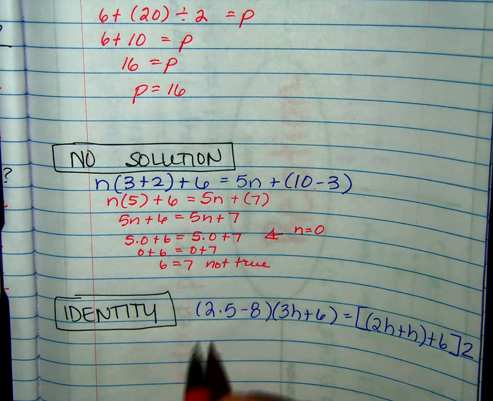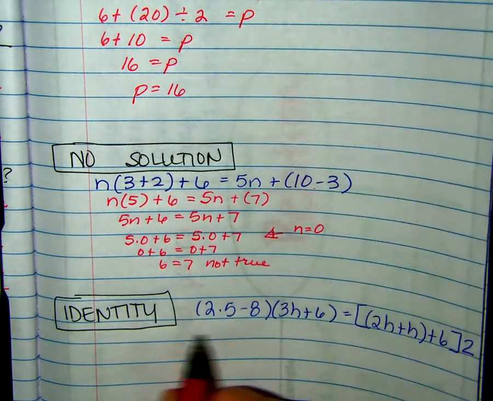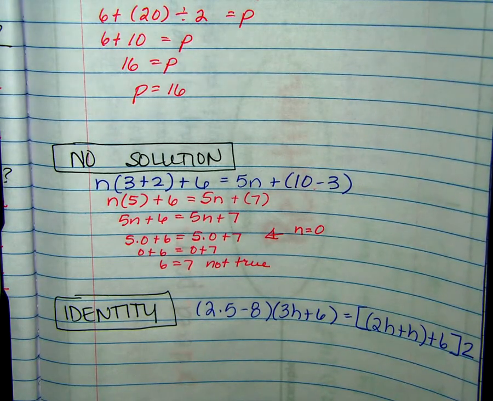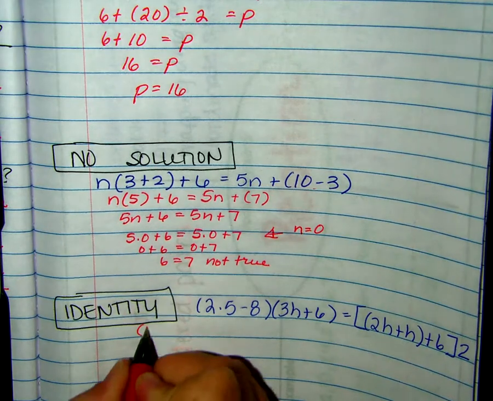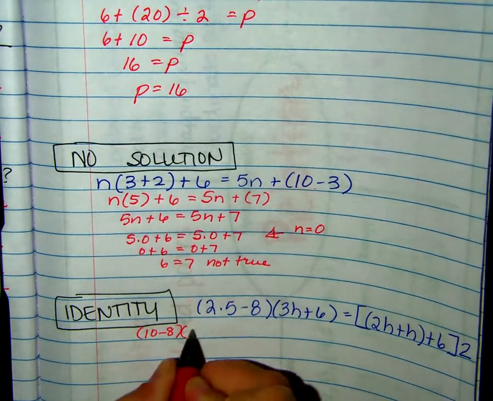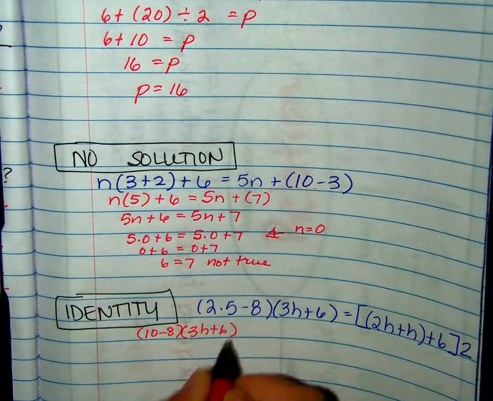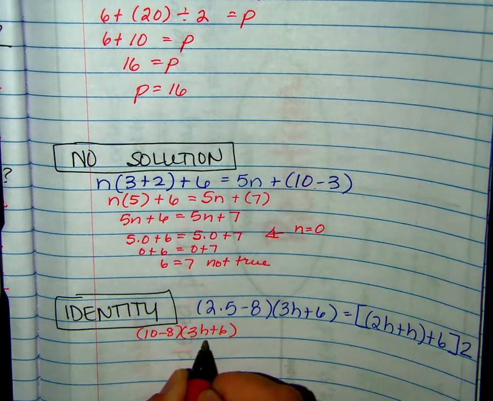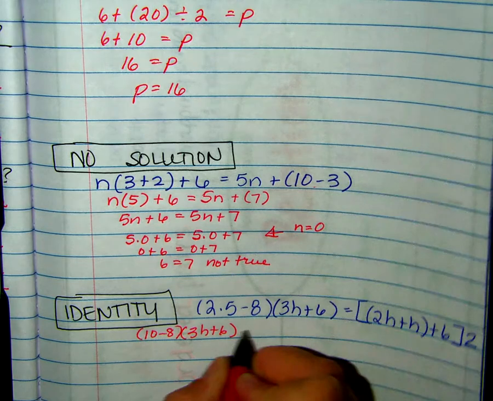And I'm going to do what's inside parentheses on both sides of my equation. So I can take 2 times 5, which is 10. 3h plus 6. Okay, are there like terms here? No, there are not. So I just have to leave that alone.